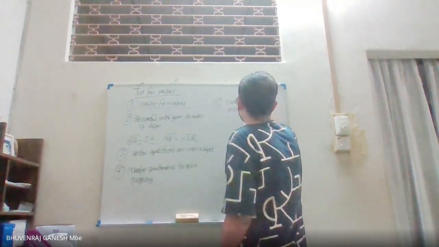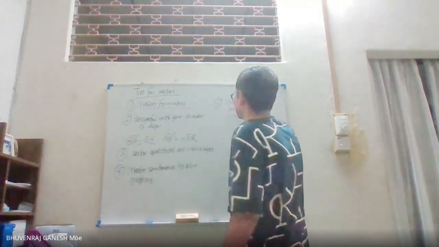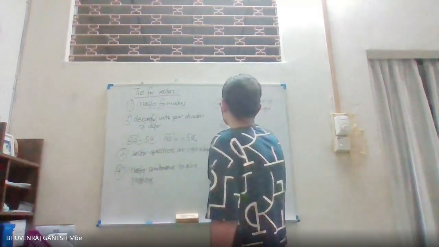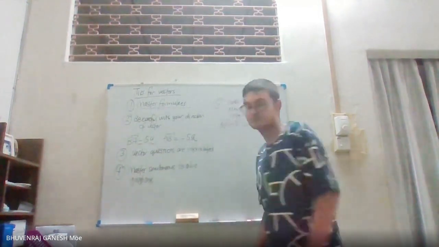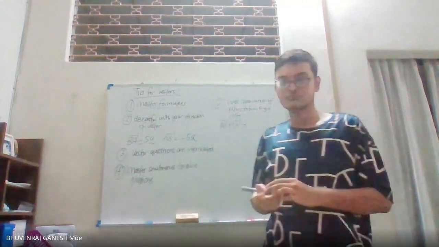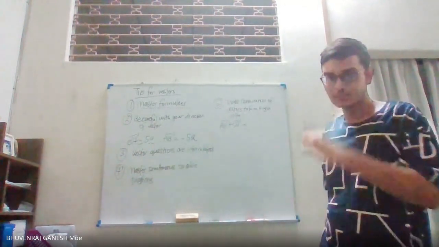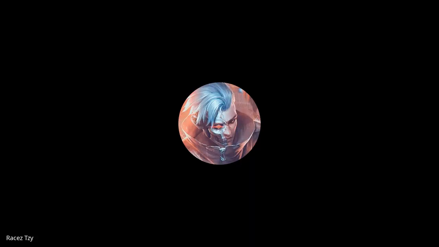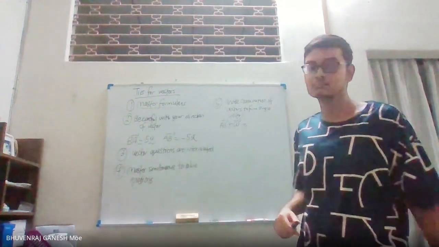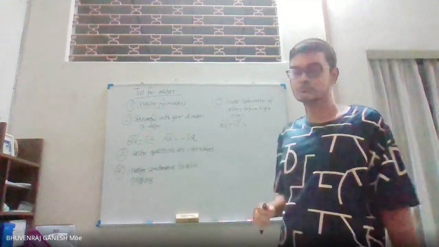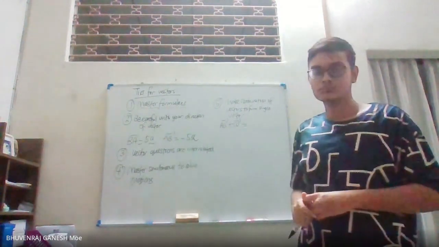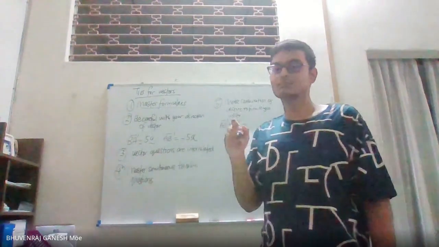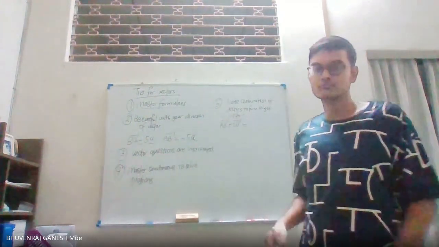Means how you combine two vectors to form a single vector. Let's say I give you an example, AB plus CD. What's your answer? AB plus CD. What's the answer? ABCD?